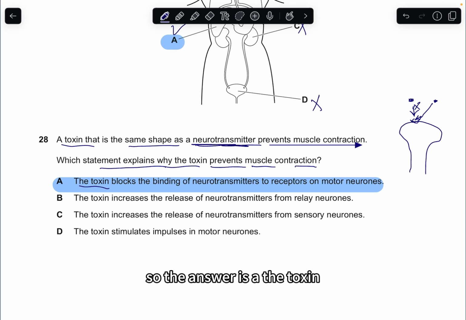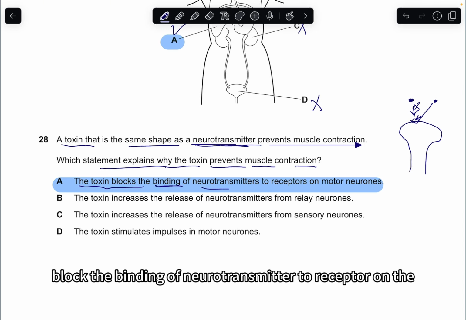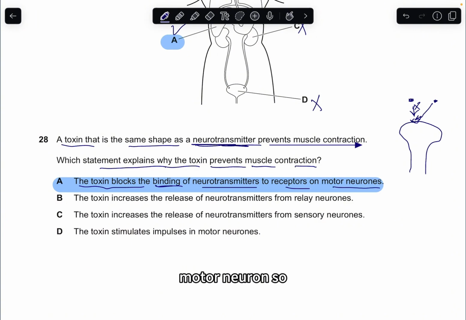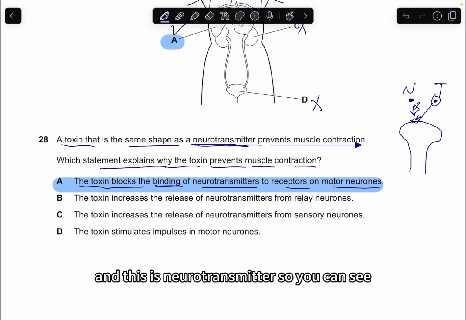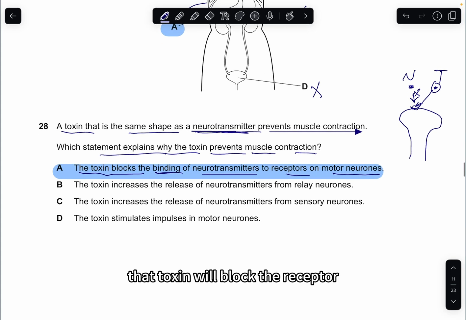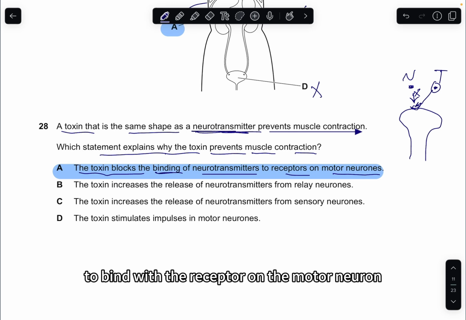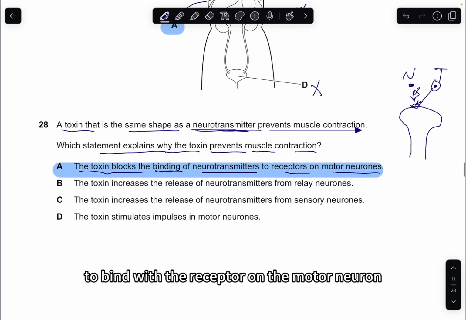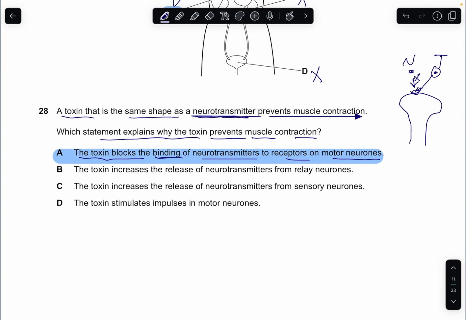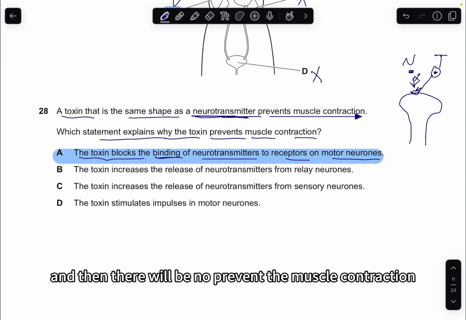So the answer is A, the toxin blocks the binding of neurotransmitter to the receptor on the motor neuron. So this is our toxin and this is neurotransmitter. You can see that the toxin will block the receptor, and that will block the neurotransmitter from binding with the receptor on the motor neuron, and then there will be no muscle contraction.